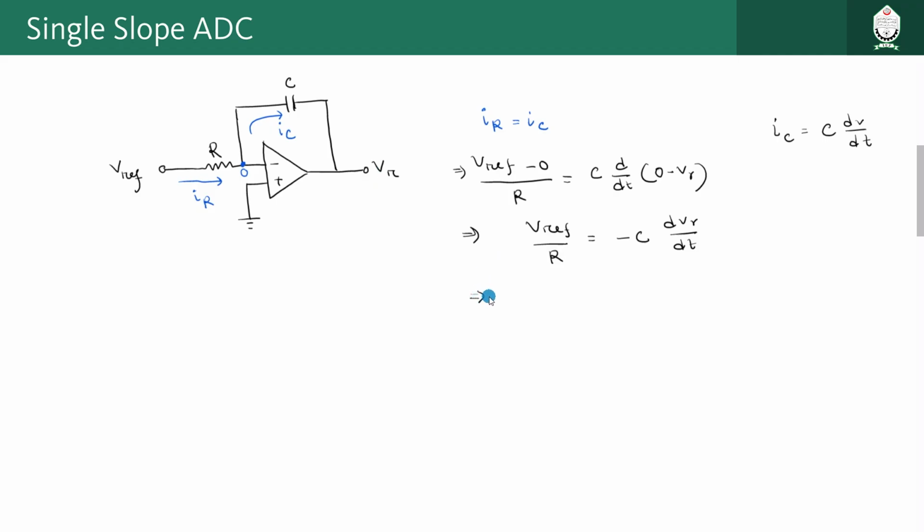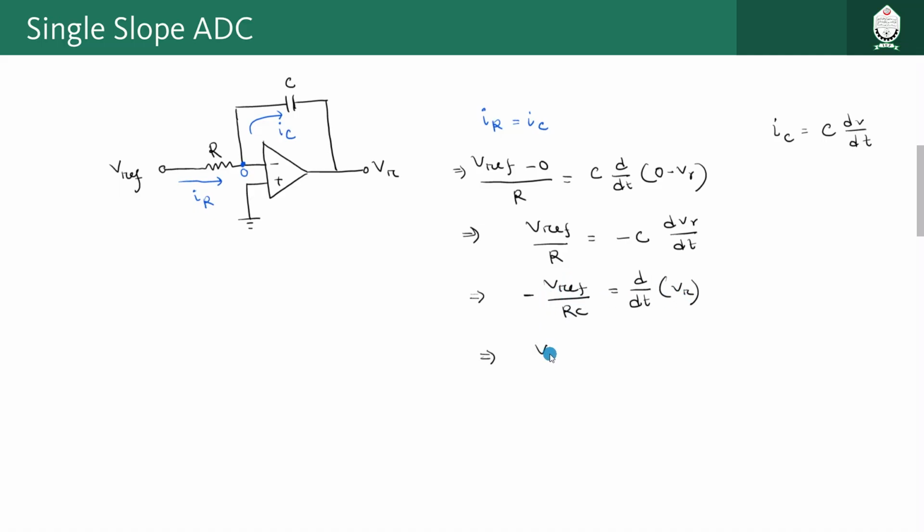So for that case, we can also put the C here, so minus Vref divided by RC equals d/dt of VR, right? So because the differentiation of VR is equal to this value, we can also say the integration of this value should be equal to VR.